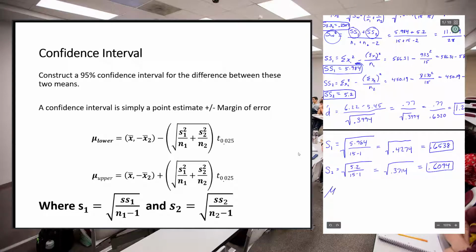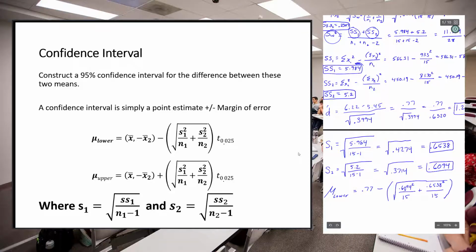So, mu lower is equal to x bar 1 minus x bar 2, which is the numerator of our t equation, 0.77, minus the square root of our sample 1 standard deviation, 0.6094 squared divided by 15, plus 0.6538, which was the sample 2 standard deviation, divided by 15.